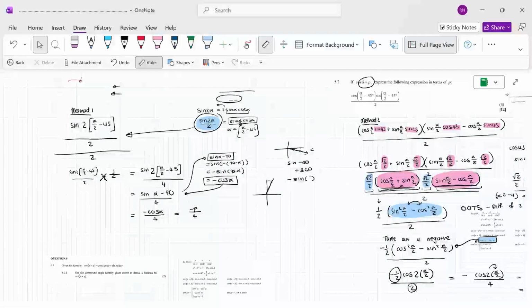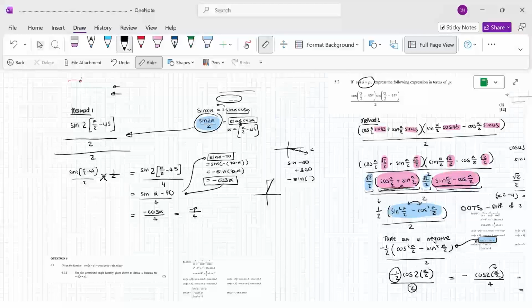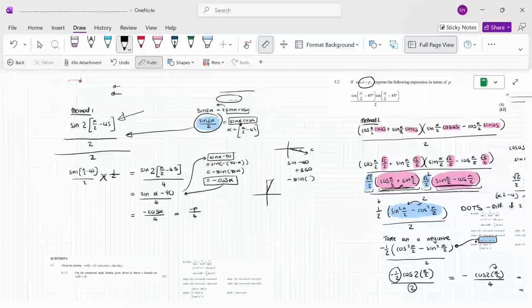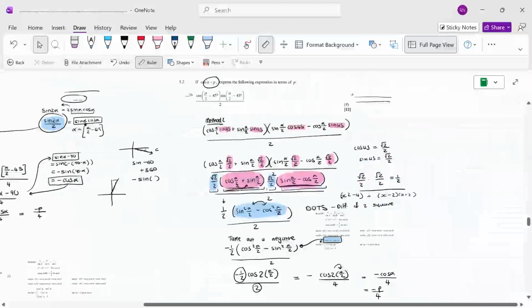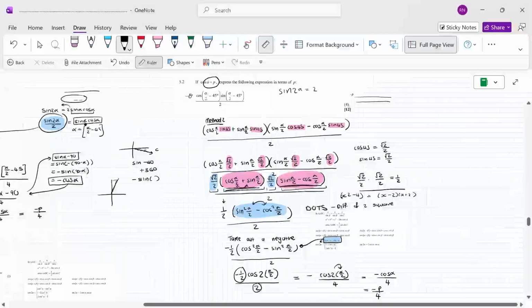It's a little bit tricky because you have to think a little bit. Method 1 was to merge this sine and cos using sine 2 alpha equals 2 sine alpha cos alpha.